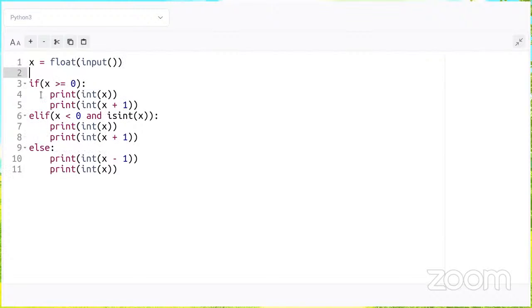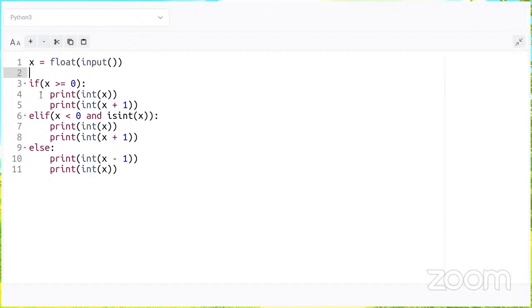I get the real number, and it can be any integer or float value, negative or positive. In case of positive values, I just print x, integer of x, and integer of x plus 1, which gives the output as asked in the question.